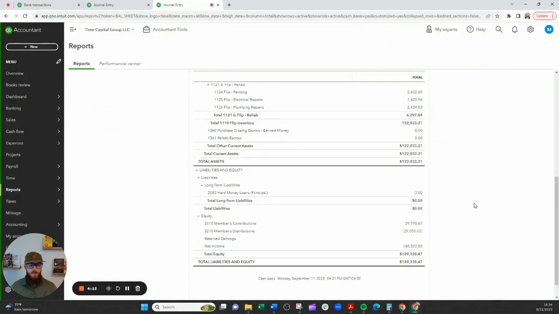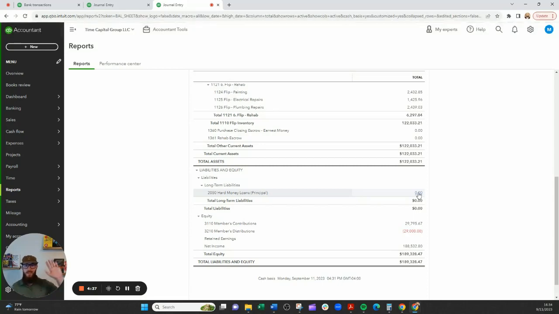I have already input this sell journal entry, okay? So that's why the hard money loan principal is zeroed out. But what we would normally see here is the remaining principal balance of the loan, right? Since this is a hard money loan, for this particular property, no principal was paid down on a monthly basis.